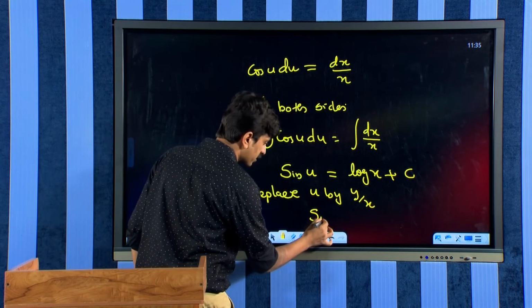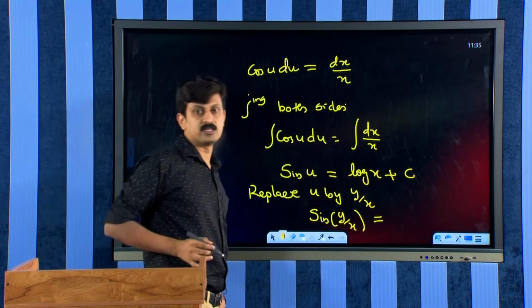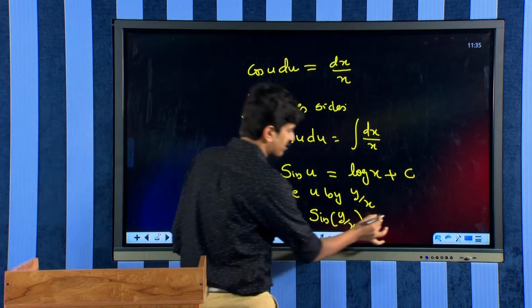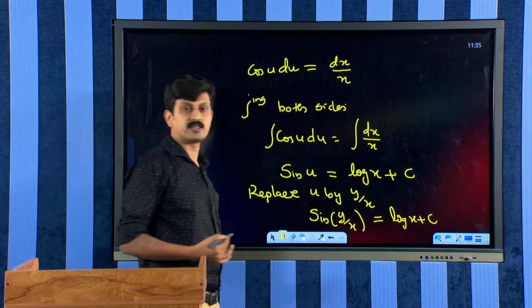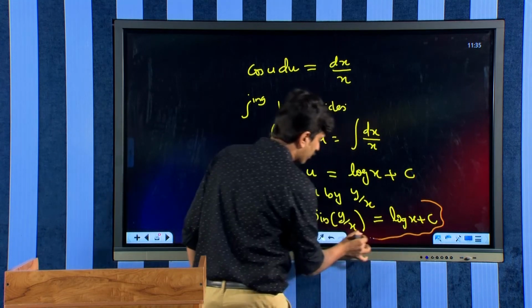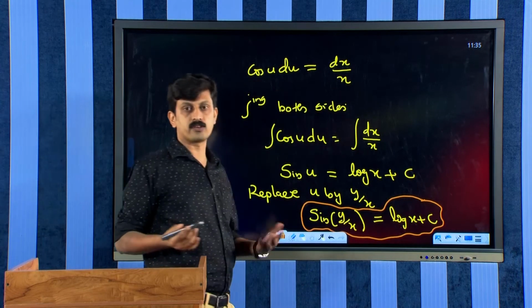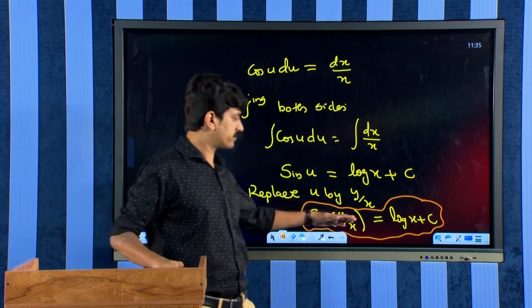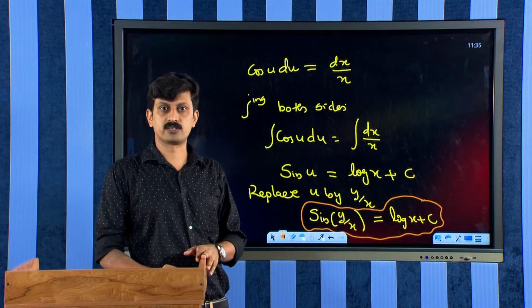Therefore, we have sin of y by x is equal to log x plus c. Up to here is enough. If we need, we can write y by x is equal to sin inverse of log x plus c, no problem. So, this is the general solution of the given differential equation.